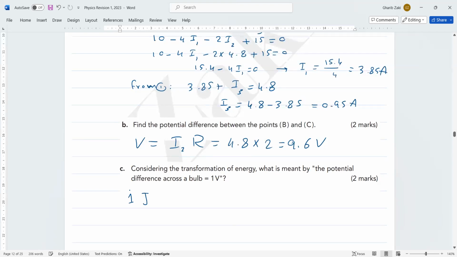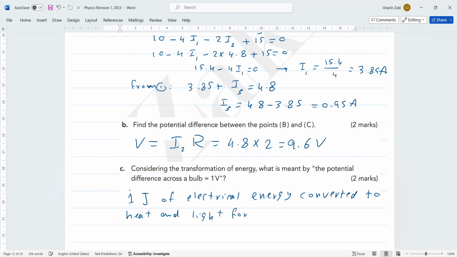So 1 joule of electrical energy converted to heat and light for each 1 coulomb of charge.